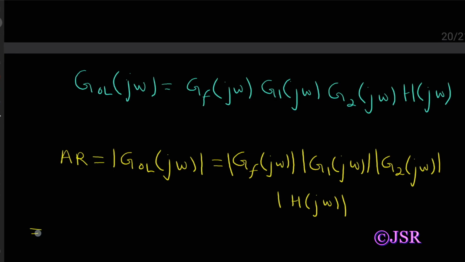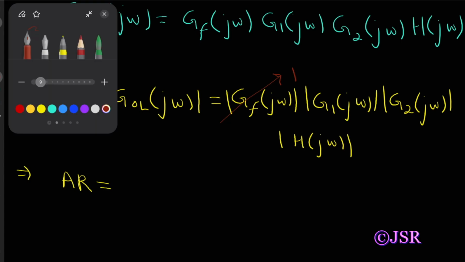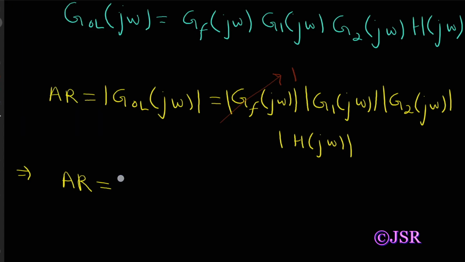So therefore, if you see here, AR will be equal to, since GF is equal to 1, mod of 1 into mod of 1 upon 8S plus 1.